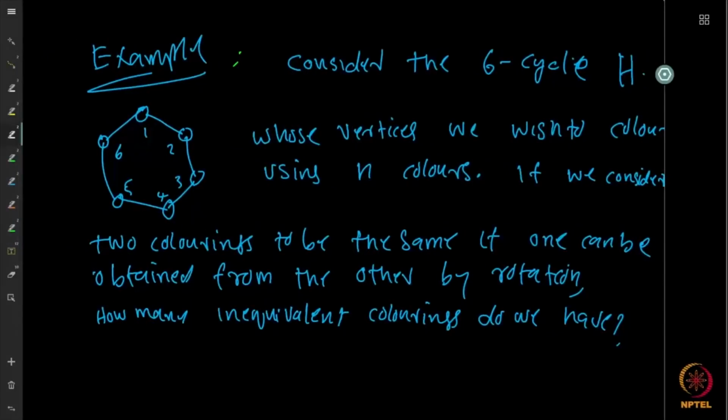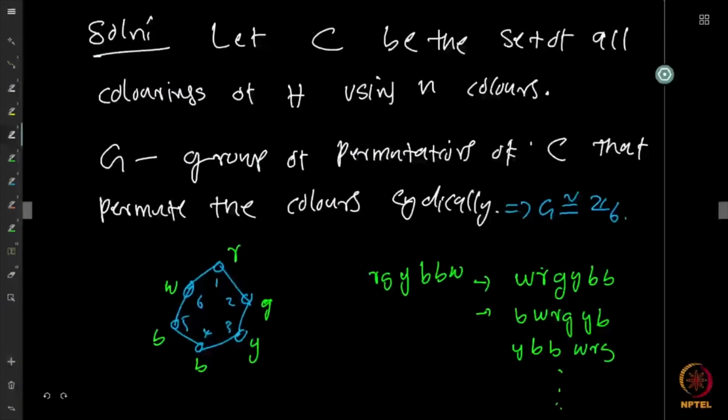How do you use this? We want to find the cardinality of fixed phi, and then we get the formula. So let us look at the set of all colorings of the hexagon using n colors. That is our set Y. We are going to apply the group action on this set of colorings. Let G be the group of permutations of the vertices that permute them cyclically, so basically the rotations.